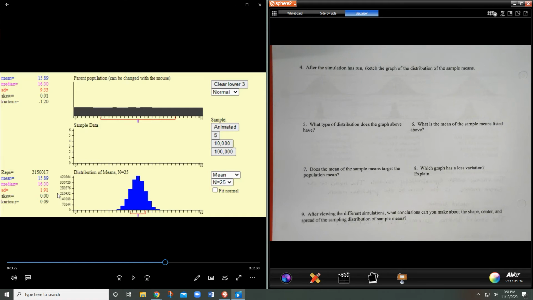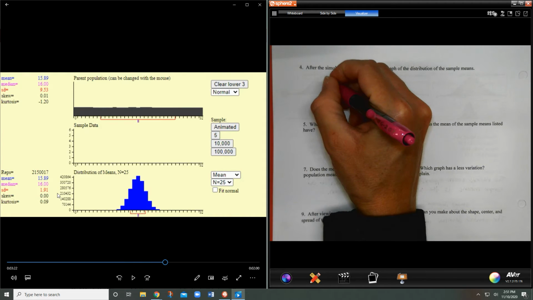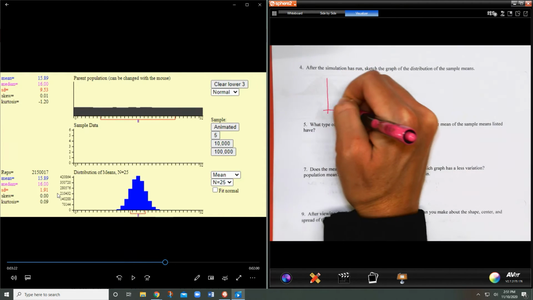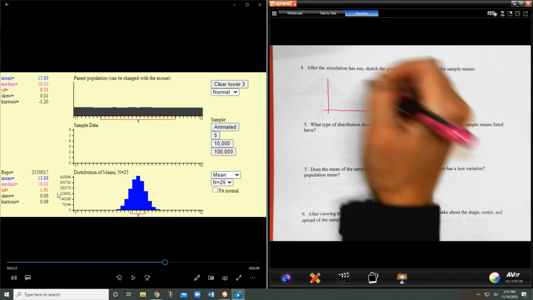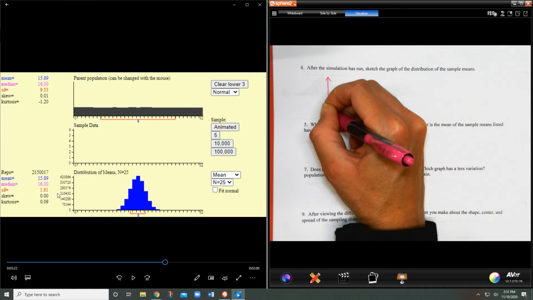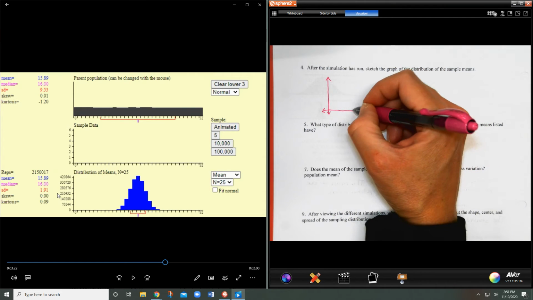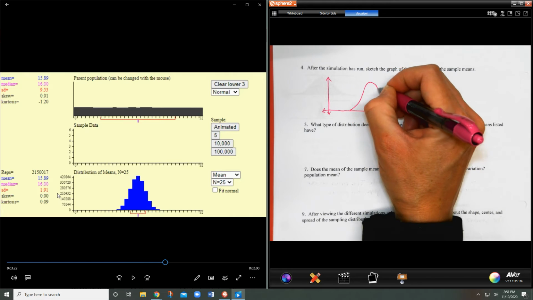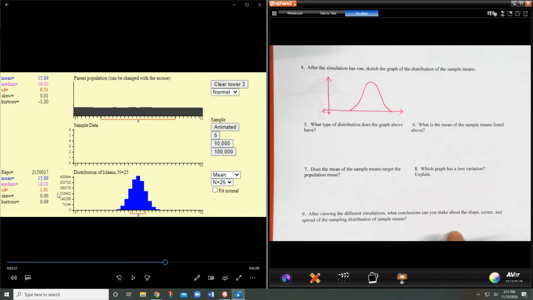After the simulation ran, sketch the graph of the distribution of the sample means. We're going to use the second one that we did, where the sample size was 25, and we ended up with a shape that looked something like that. And what type of distribution is this?